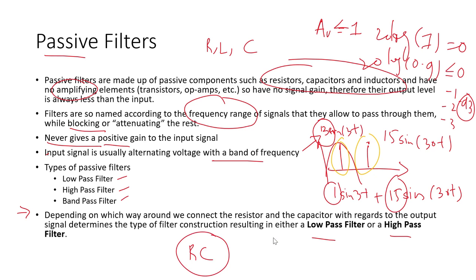But if we connect R, C in series and take output from this port, it will behave like something else, and if we take output from this port, it will behave like something else. So this is an important point, that the order, the sequence and the structure of the components that we connect is important.